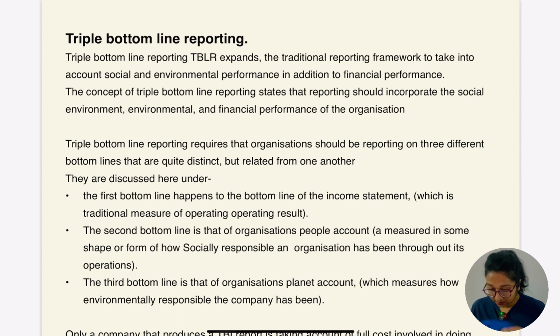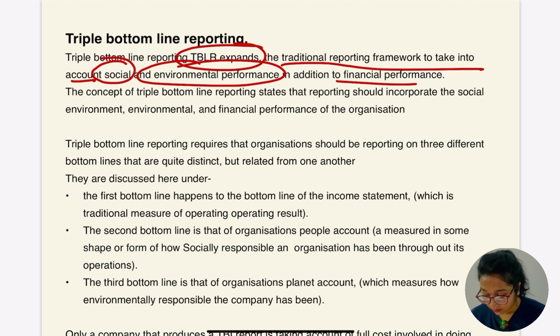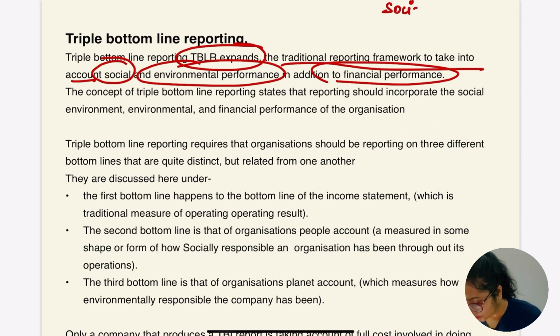The triple bottom line reporting, which is TBLR, expands the traditional reporting framework to take into account social and environmental performance in addition to the financial performance. Please focus. So they are focusing on what? The social performance, environmental performance and the financial performance.